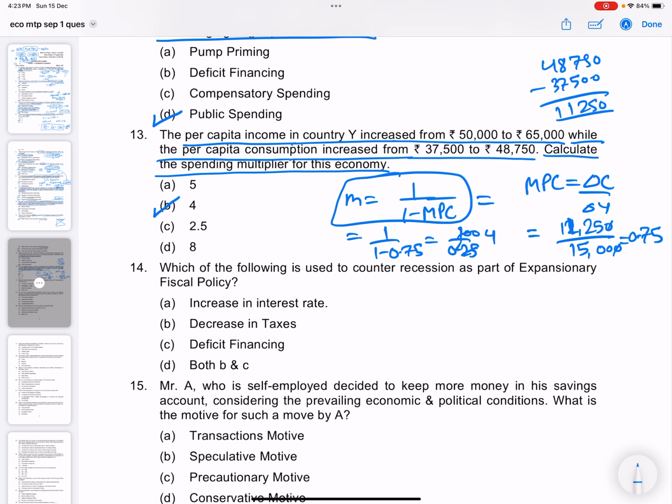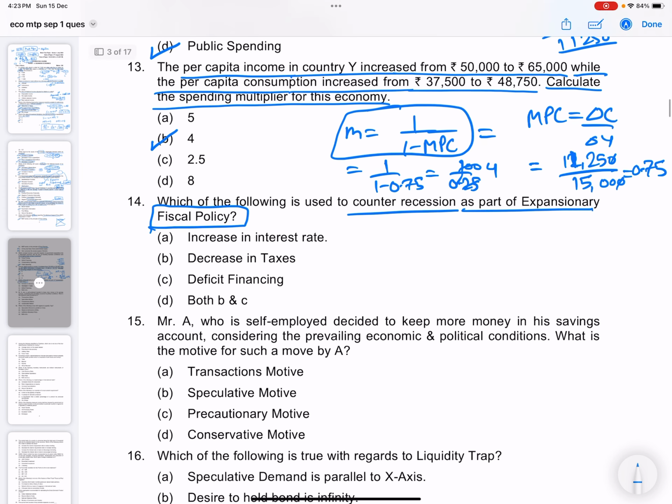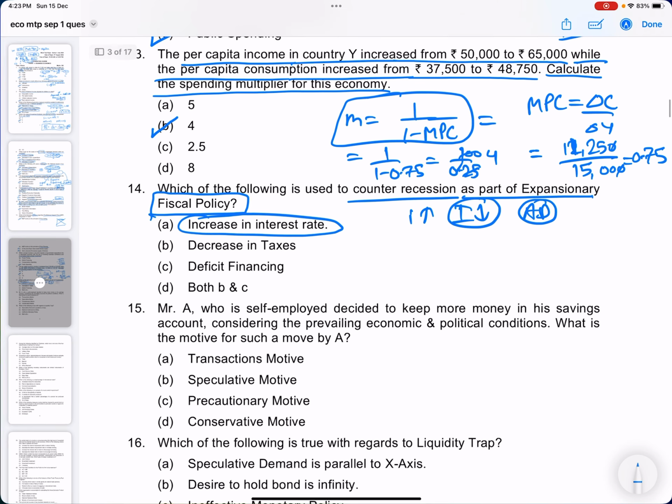Which of the following is used to counter recession as part of expansionary fiscal policy? Okay. So now they're talking about fiscal policy. Increase in interest rate. If it increases, investment would fall. So this would lead to fall in aggregate demand. So this cannot be. A is eliminated. Now decrease in taxes.